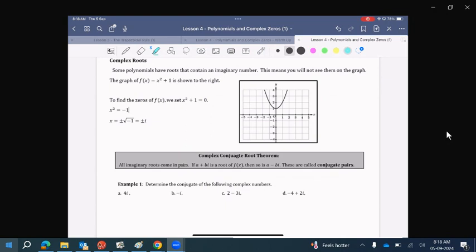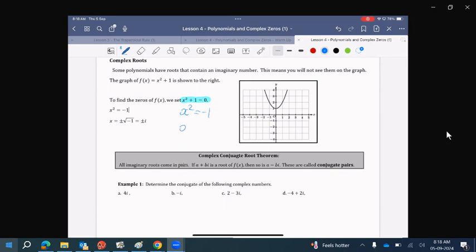So complex roots are given by, if we take the equation x squared plus 1 is equal to 0, and we wish to solve this equation, we would get x squared is equal to -1. Now, the problem with this equation is when you square any number, it's positive. So what squared will give a negative?